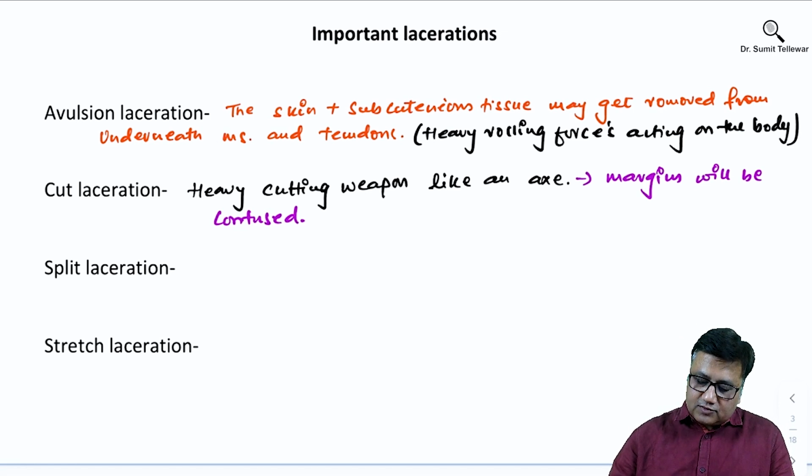Then third is split laceration. We have already talked about split laceration in the question itself.